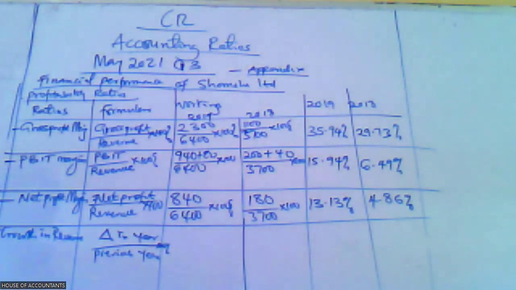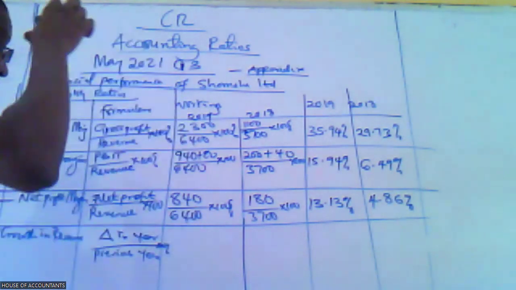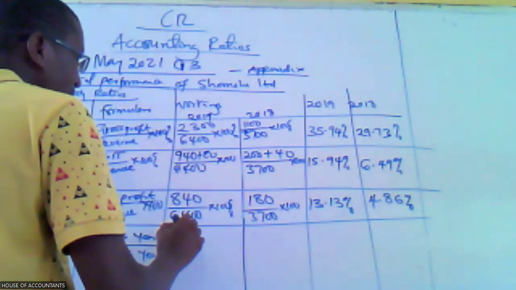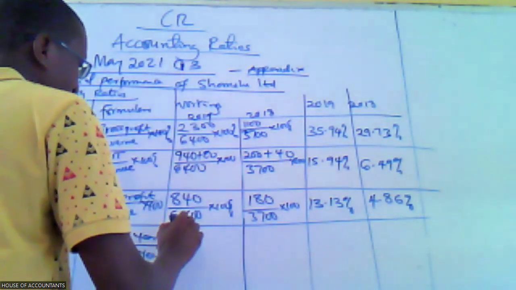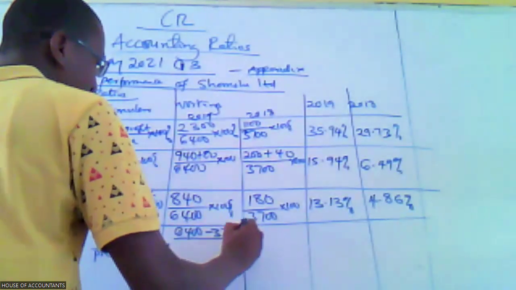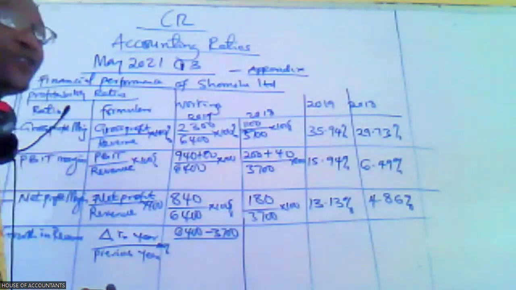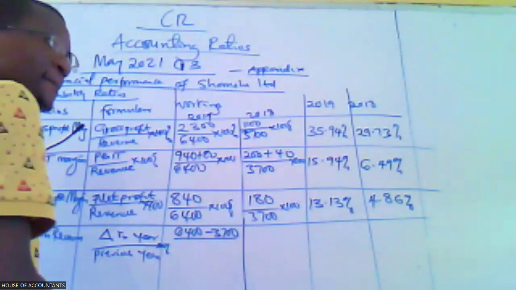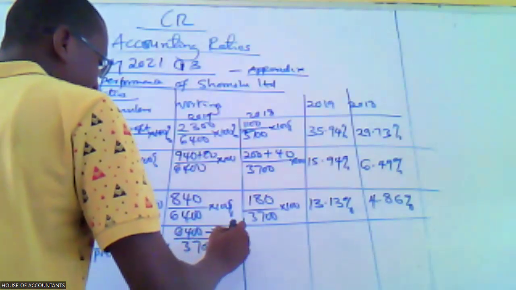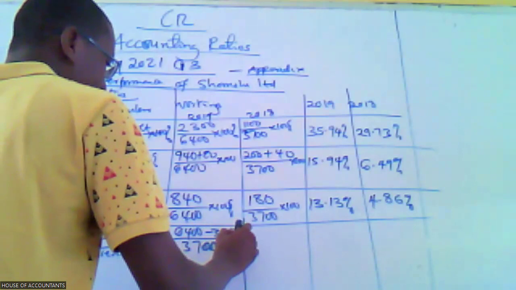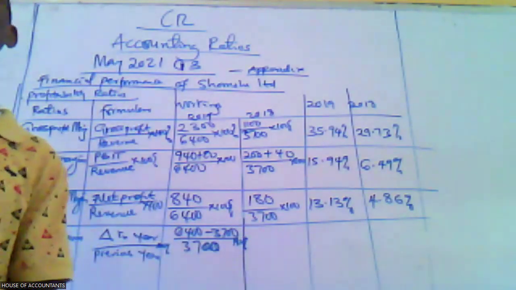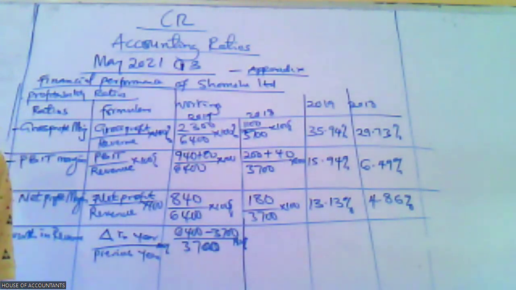So what's our revenue in 2019? 6,400 minus 3,700, all over, what's our previous year? 3,700, multiplied by 100%. We cannot calculate for 2018 because we don't know the previous year revenue.